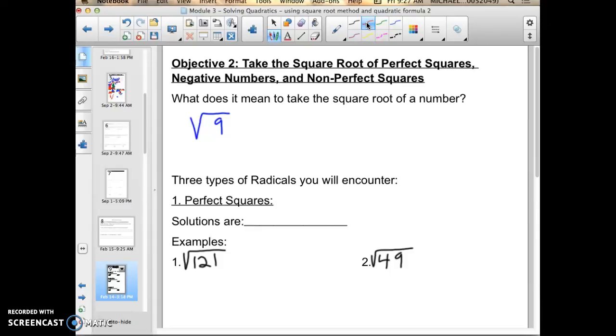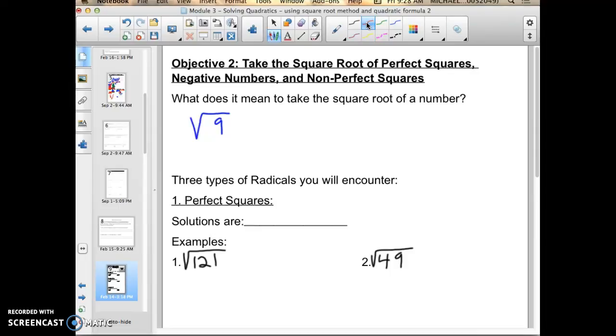And this skill, simplifying radicals, is huge because you will see it in both the square root strategy and the quadratic function strategy. So you need to get really good at working with simplifying radicals before you can use the other 2 strategies that are necessary to master Module 3.